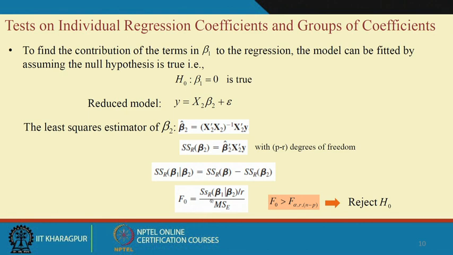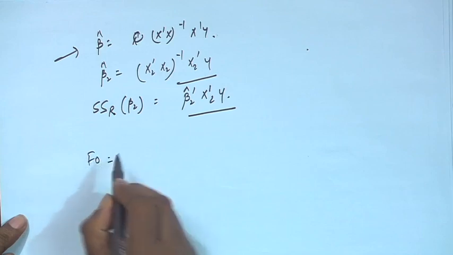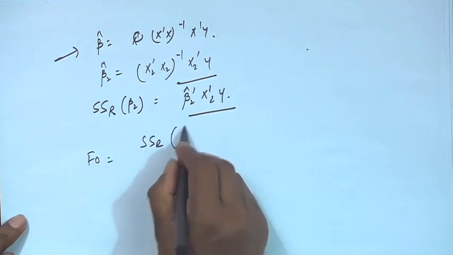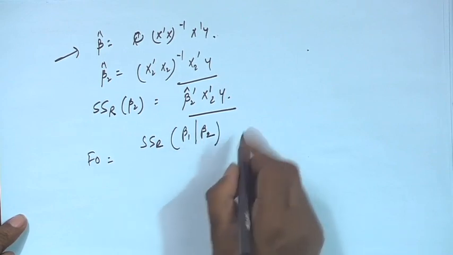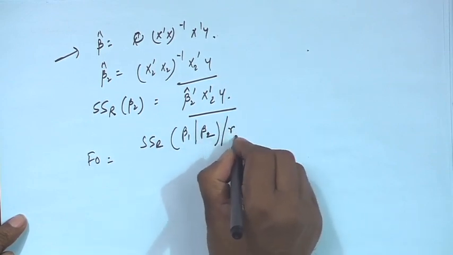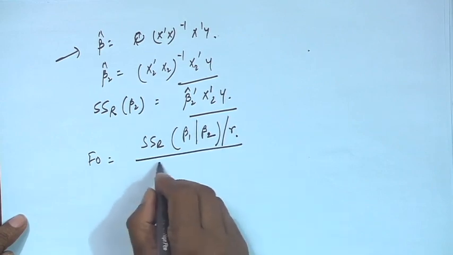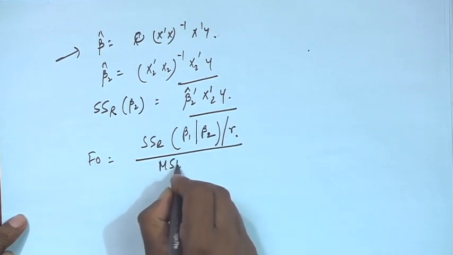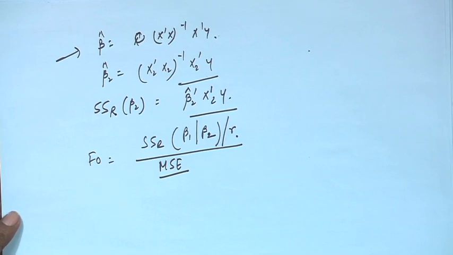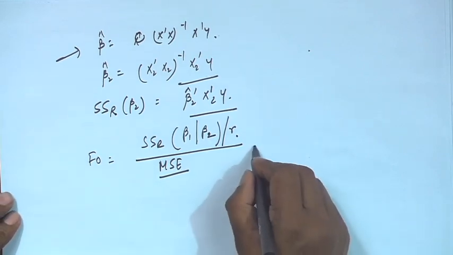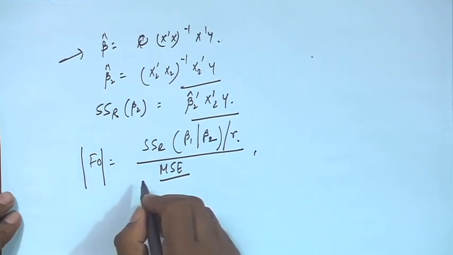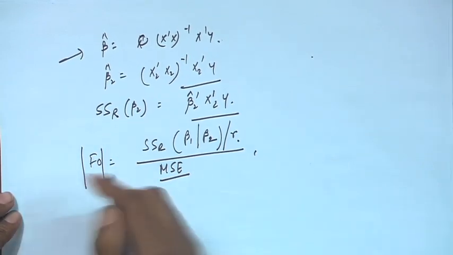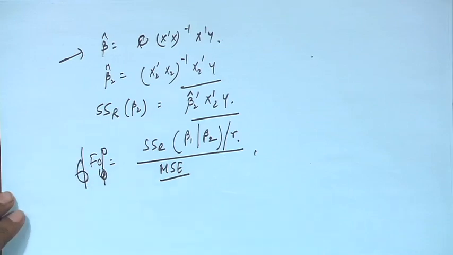So, you are creating the F statistic here by saying that F0 equals SSR of beta 1 given beta 2 divided by degrees of freedom, and then your MSE. So, what will be its degrees of freedom? If this one, or I can say modulus of this, it will always be positive.